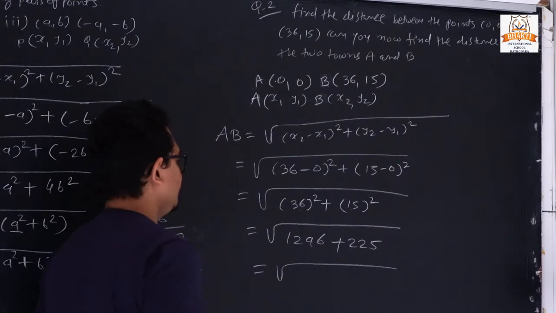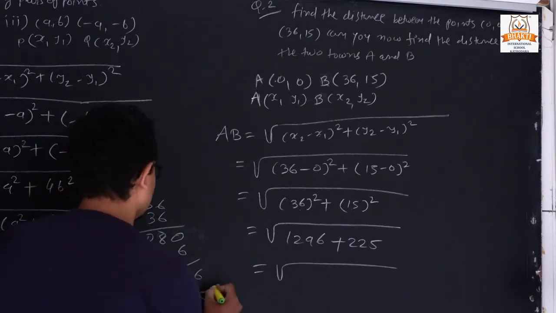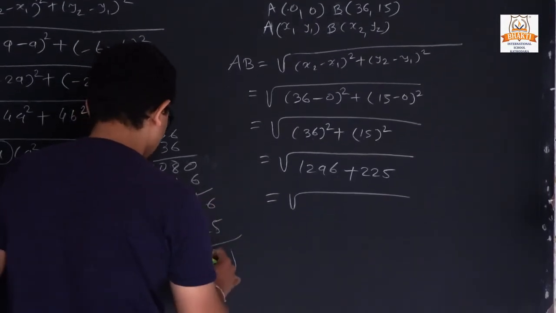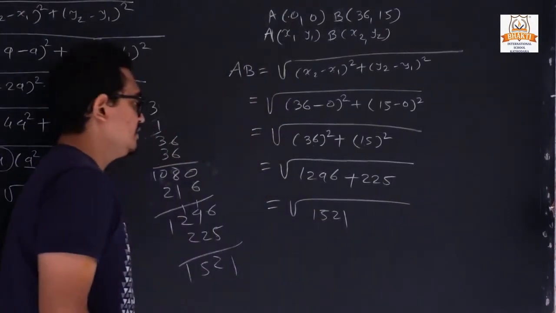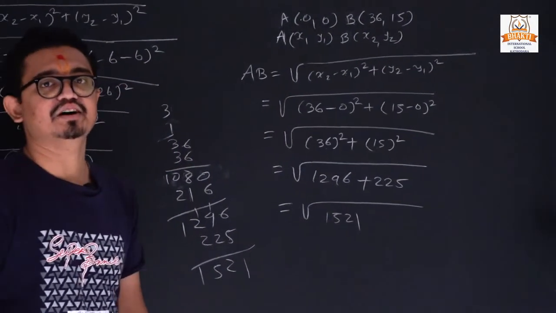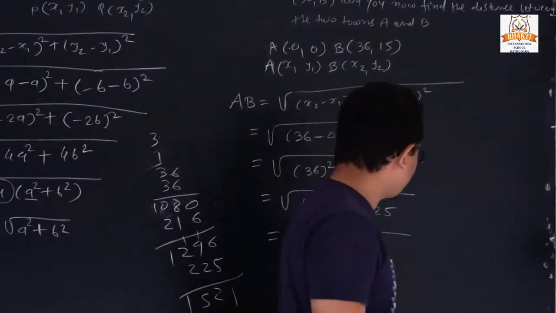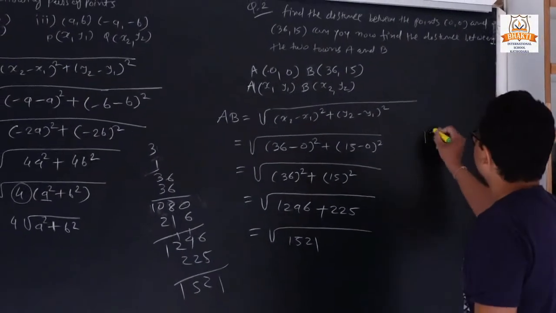Now we can take the addition of these, so 6 plus 5 is 11, carry, and so on. So what is the addition of both? 1521. Now if you want to check what is the square root of 1521, we have one method.